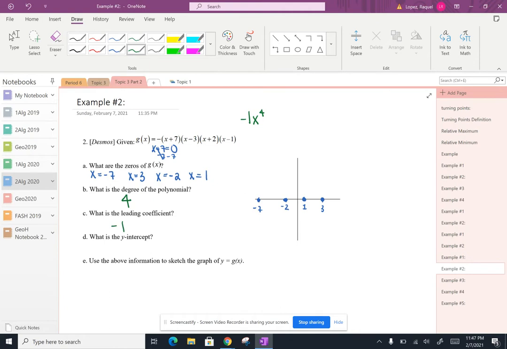Okay, the next thing they want us to do is figure out the y-intercept. Now remember, to figure out the y-intercept, we need to plug in 0 for x. So I'm going to plug in 0 for every x I see in this equation. And I end up with 7 times -3 times 2 times -1.